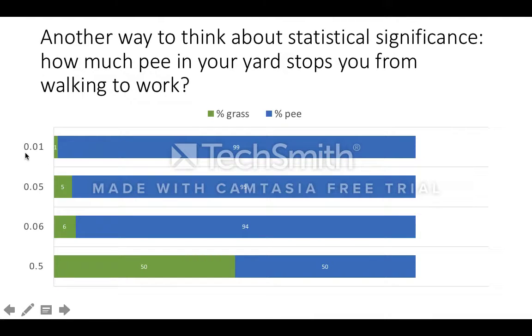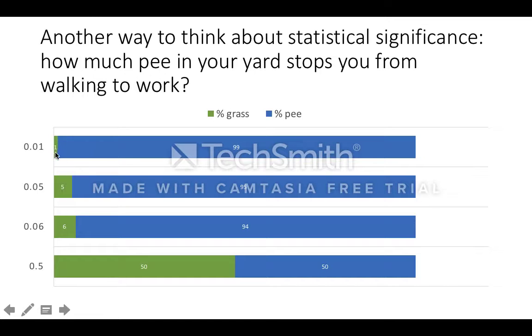So here we have a p-value of 0.01. Because p-values are percentages expressed as decimals, we move this decimal point over 2, and we see that this is a 1% chance.